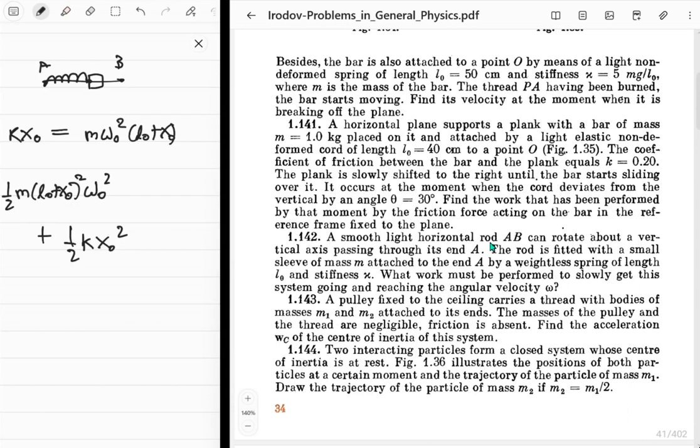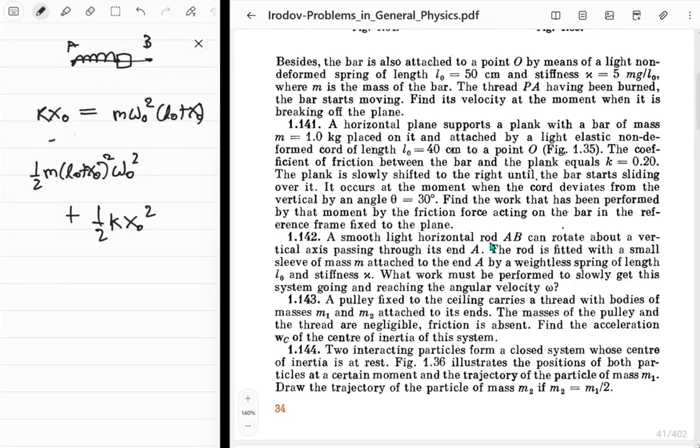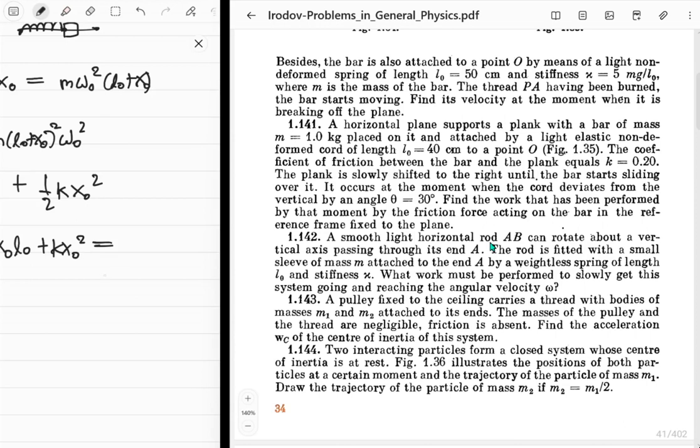One thing we can say for sure is to multiply this by L naught plus x naught on both sides. So you get k x naught L naught plus k x naught squared is equal to m omega naught squared times L naught plus x naught squared.